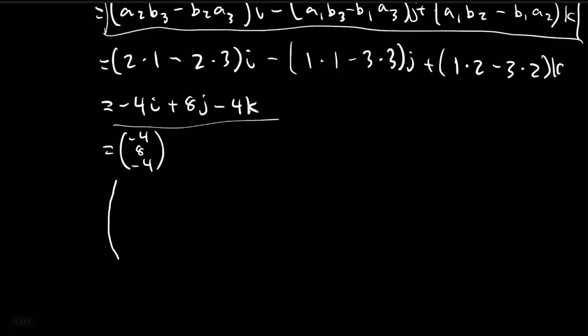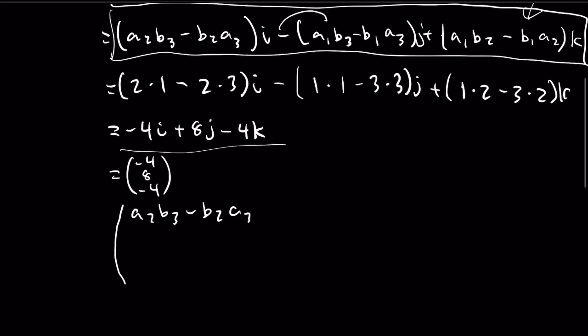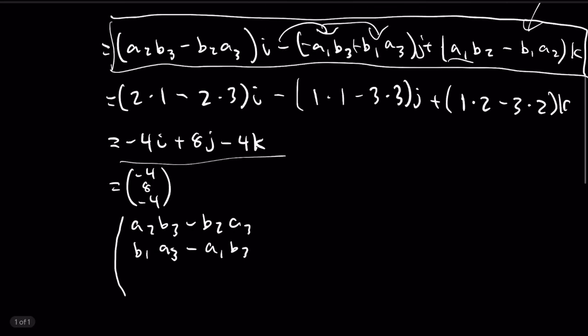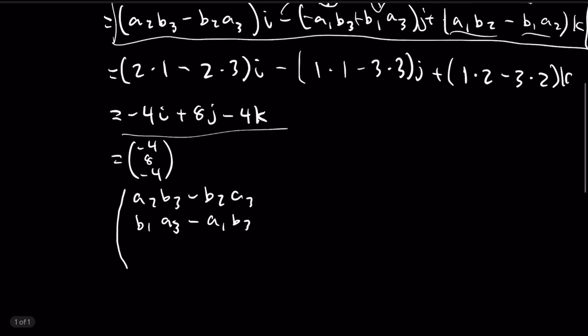So this will be a2 b3 minus b2 a3, and then this here's minus, so we multiply this in, so it'll be the other way around. So this will be positive, this will be negative, so we get b1 a3 minus a1 b3, and then finally a1 b2 minus b1 a2.